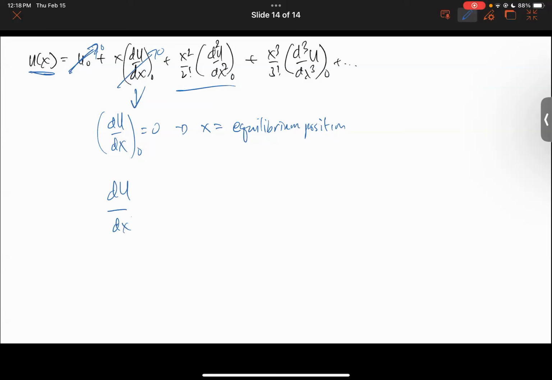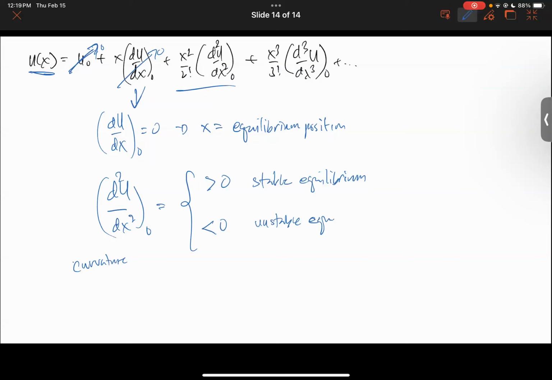In calculus, what is the second derivative called? We call that the curvature, right? So if the curvature is positive, or the second derivative is positive, then we say that it has a stable equilibrium. And if this is negative, then we have an unstable equilibrium.